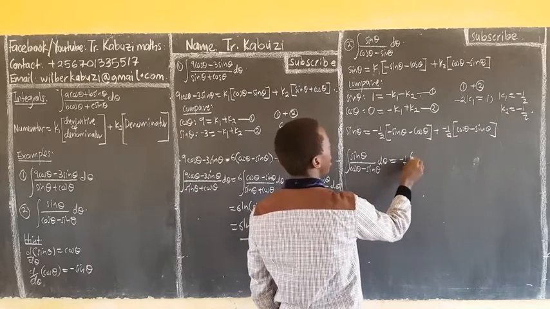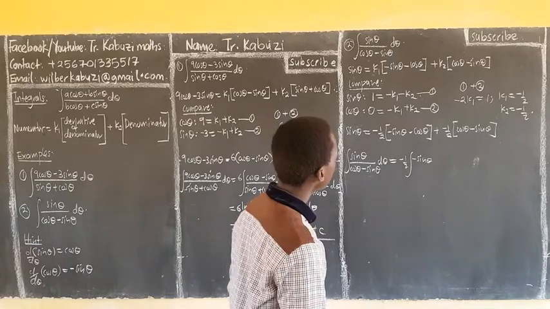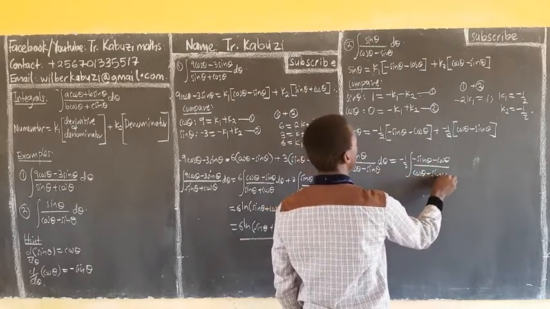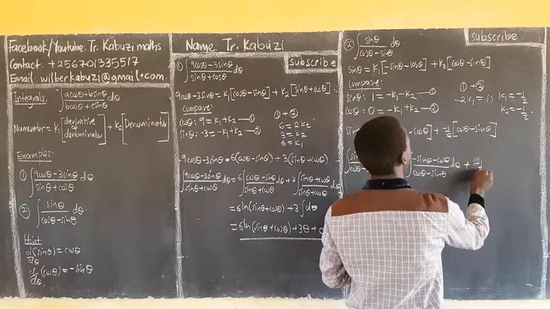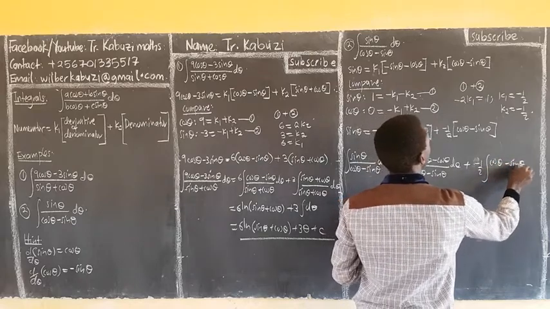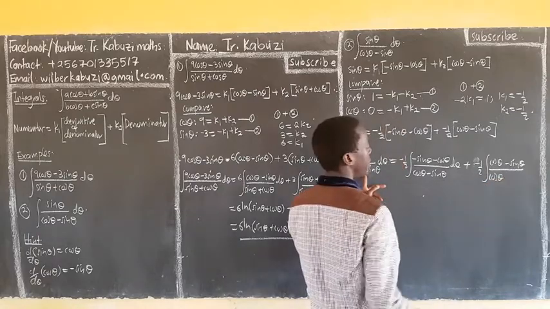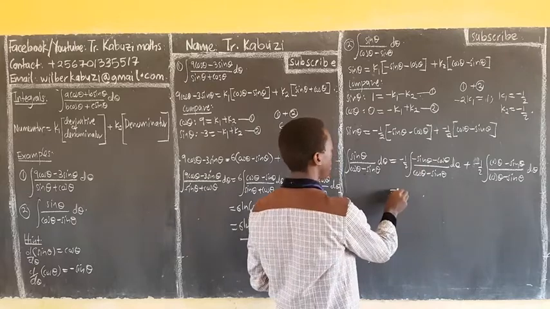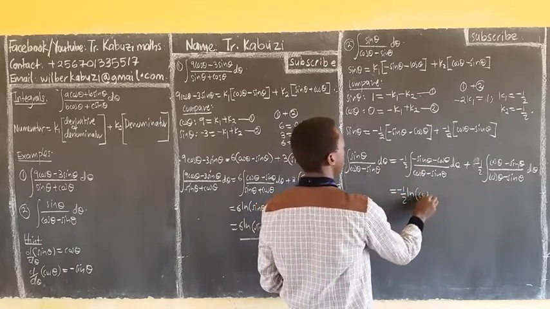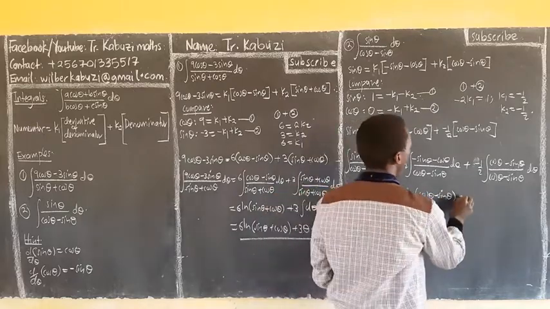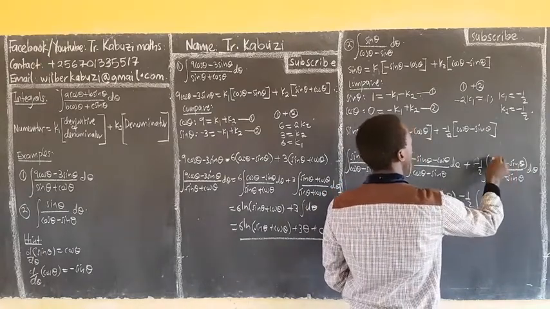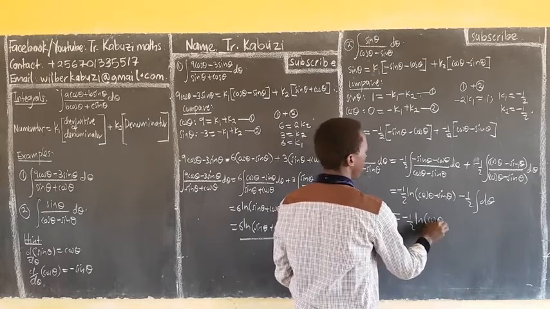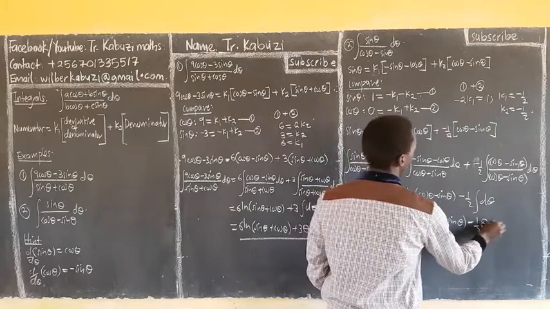I have negative a half times the integral of negative sin theta minus cos theta over the denominator d theta, plus negative a half times the integral of the denominator over the denominator d theta. The first is a function's derivative over the function, which gives negative a half ln of the denominator. The second cancels, leaving the integral of d theta, so minus a half theta plus c.